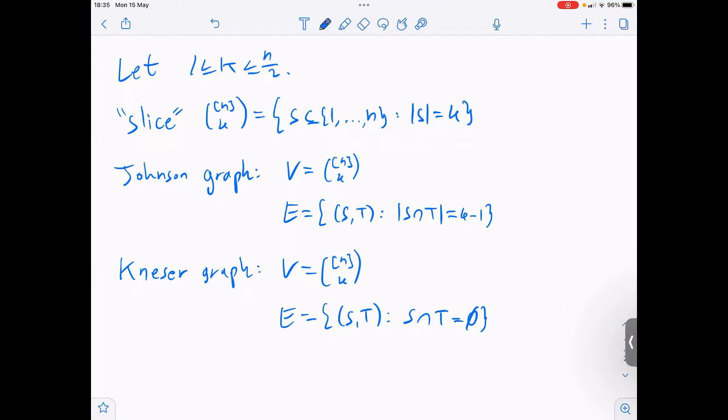Now, it's well known that these two graphs have the same eigenspaces, and actually, if you take any graph in the slice where the weight of an edge, so it could even be weighted, depends only on the size of the intersection, then it will have the same eigenspaces.